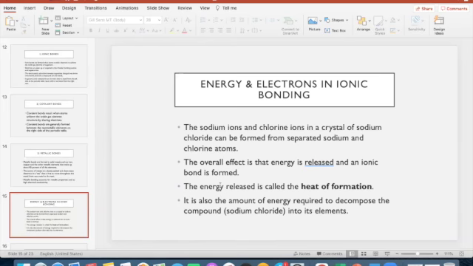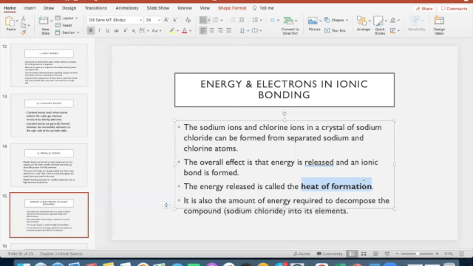When the energy is released, that's called heat of formation. It's the amount of energy required to decompose the compound into its individual elements. So instead of it being sodium chloride, it's going to be split up into sodium atoms and chlorine atoms.